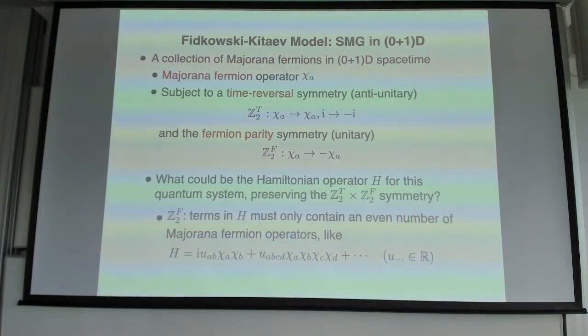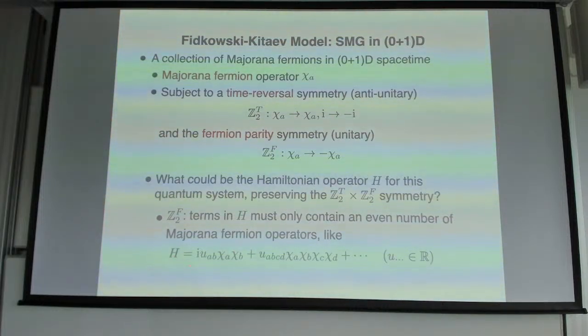And then the question is, what will be the Hamiltonian operator that describes this quantum system made of Majorana fermions while preserving these so-called time reversal and fermion parity symmetries? Well, the fermion parity symmetry gives a minus sign to every Majorana operator, right? So in order to preserve this symmetry, your Hamiltonian must contain an even number of Majorana operators in order to cancel this minus sign.